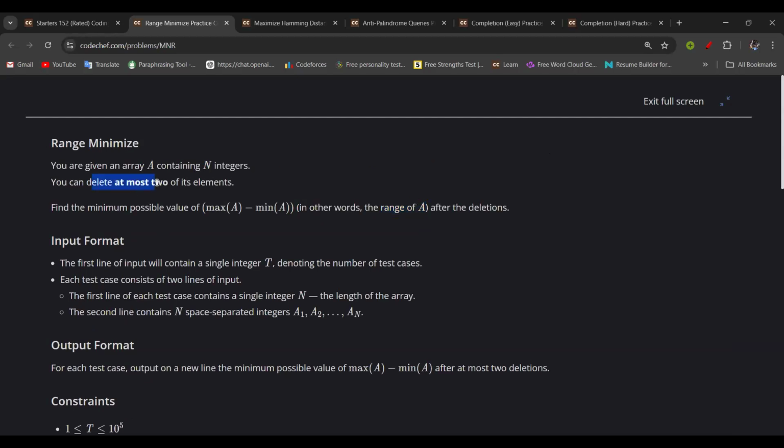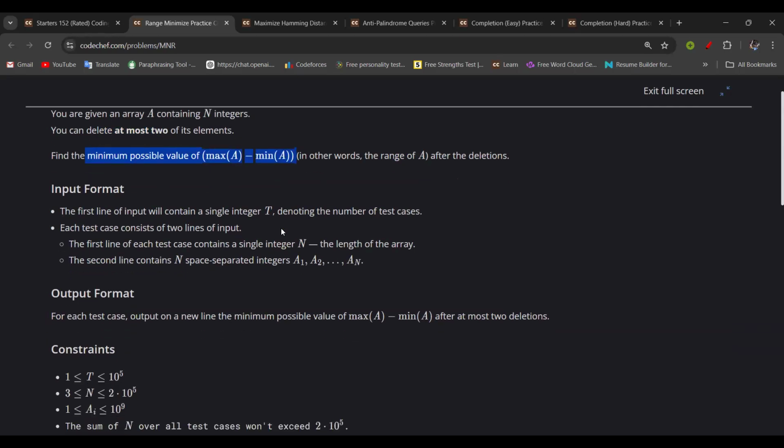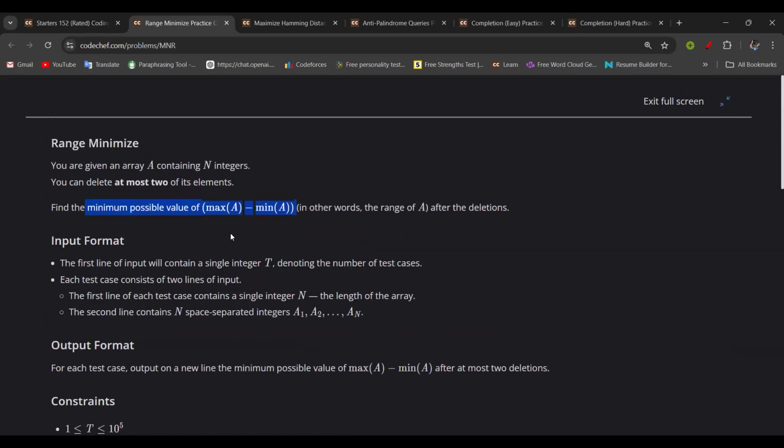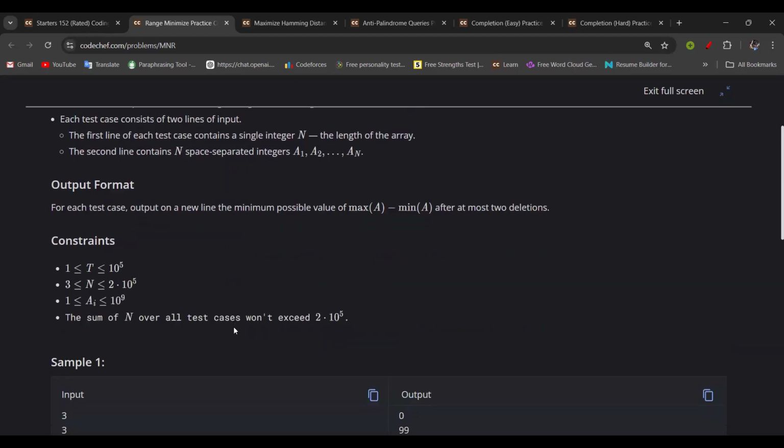You can delete any two of its elements, and then you need to find the minimum possible range that the array can have. You have to perform the deletions in such a way that you minimize the range of the array. Range of the array is the maximum element in the array minus the minimum.